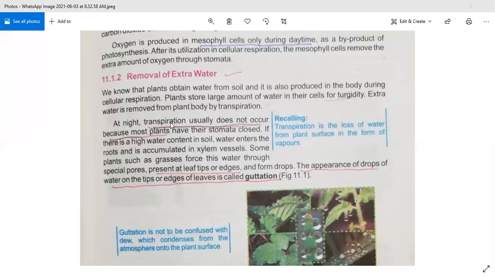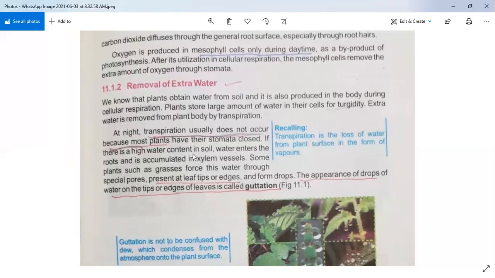So what happens? Most plants have their stomata closed at night, and we also know this. So if there is a high water content in soil, and we know that plants get plenty of water from the roots, because roots are further divided into root hairs, and they can spread very far away under the ground, then this water enters the roots and is accumulated in xylem vessels.